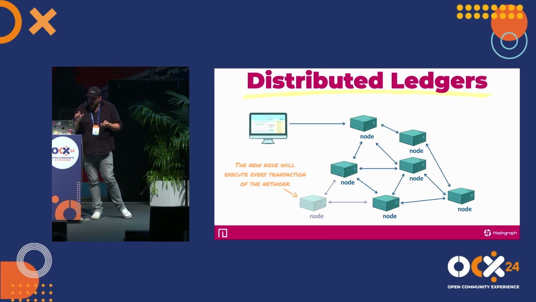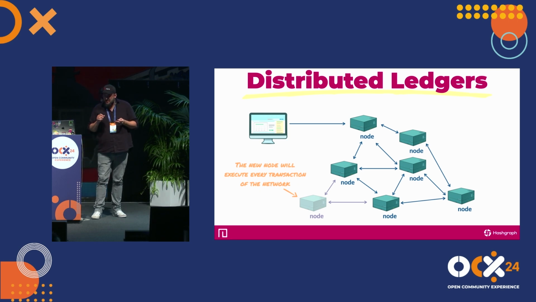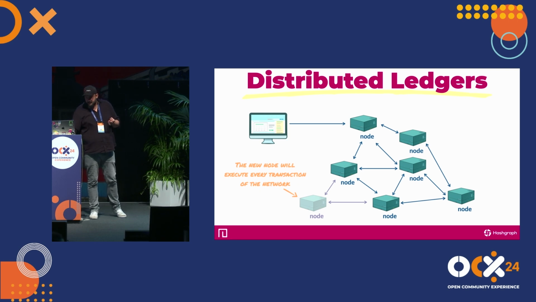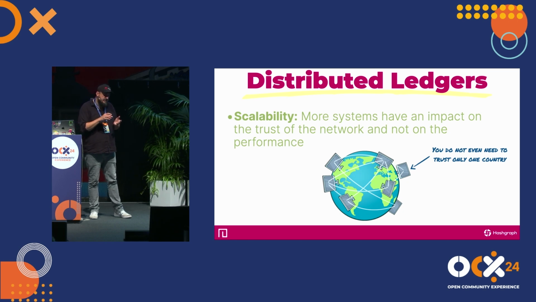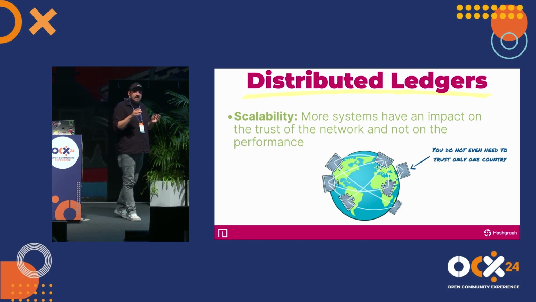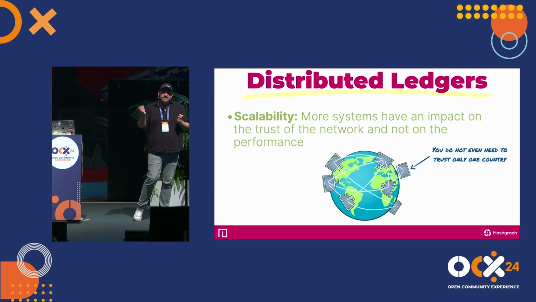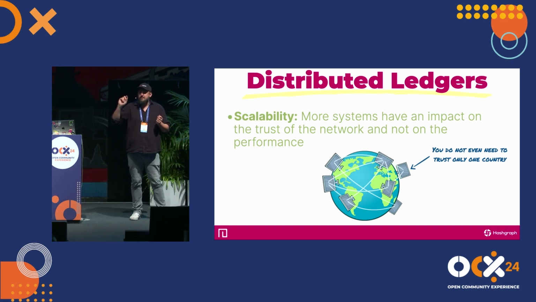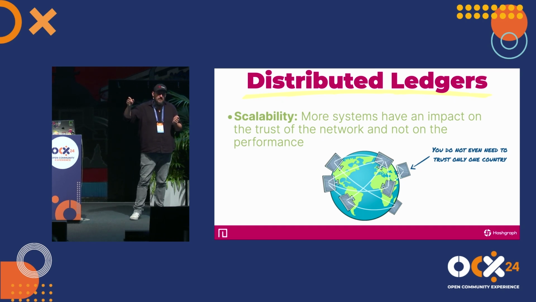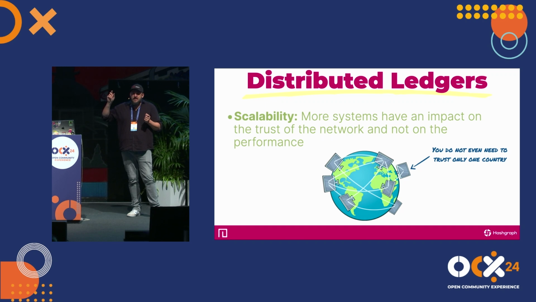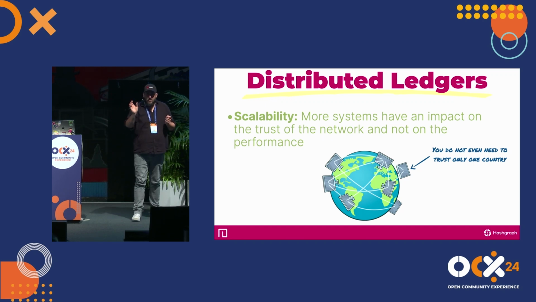And what that does, when talking about scalability, is make a network more trustful. Because let's assume an error happens in one node. Maybe there's an out of memory or something like that, and a transaction is handled in a bad way and has a broken result.